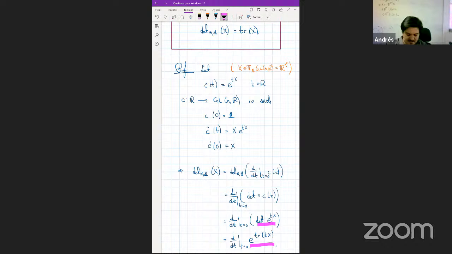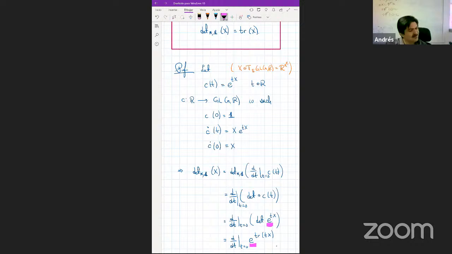Nice. And now what? Again, just notice this. This e is the notation that we use today for a matrix exponential.